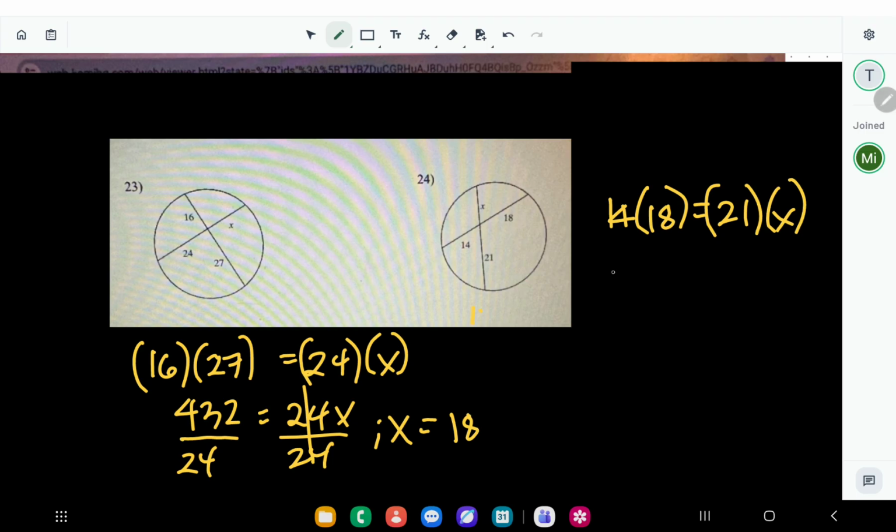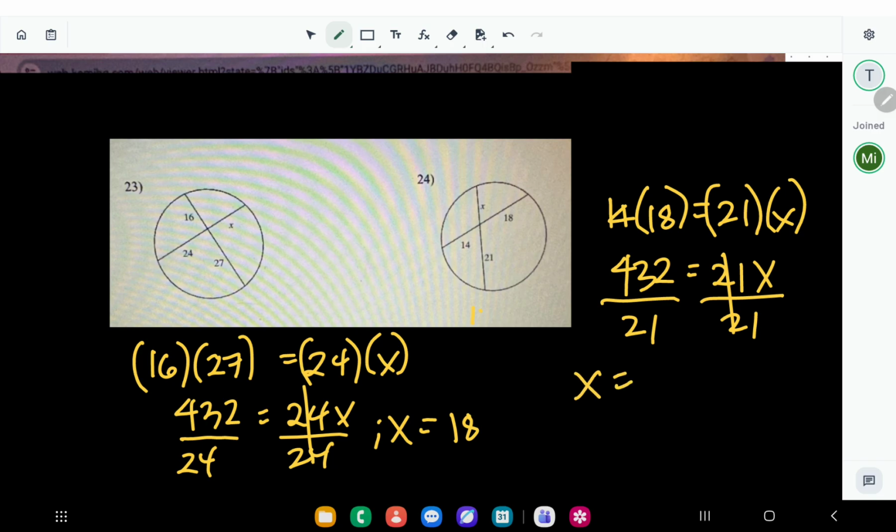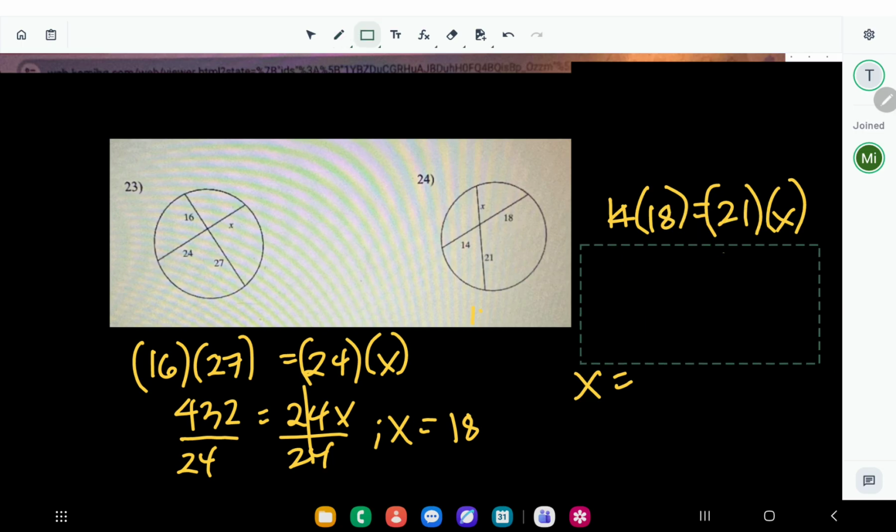For 32, the same. 432, 21x, then you divide both sides by 21. So x is equal to, okay, I don't think that is 14 times 18. 252. I made a mistake again.